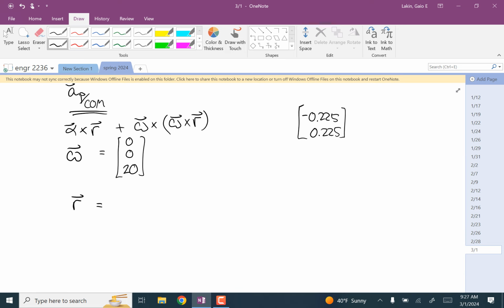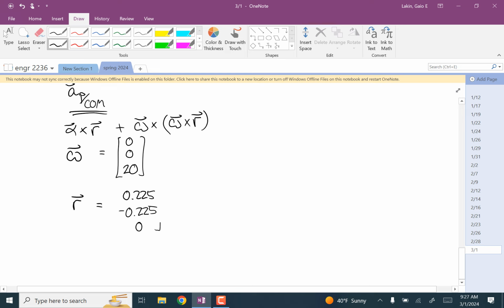So the opposite of that goes from the center of mass to the point P. So this is positive 0.225, negative 0.225, and then 0 for Z. Anyone have any questions about R?